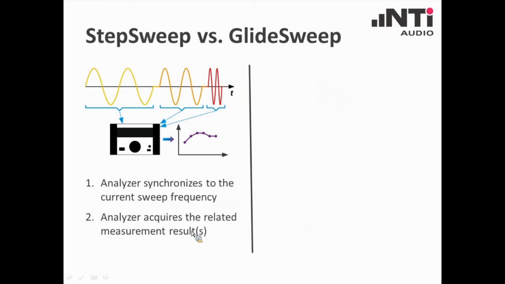Now let us take one more closer look at the comparison between a step sweep and a glide sweep. The step sweep acquires the corresponding measurement results for each step, for each frequency. So the analyzer synchronizes to each individual frequency and then measures the corresponding results, and that gives us this stepped result graph.